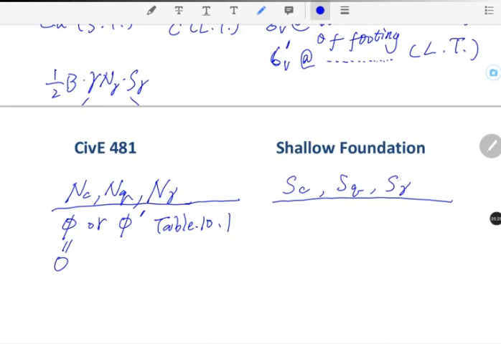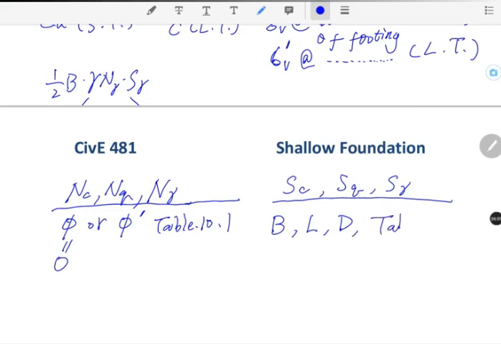They are used to correct the conditions of the ground, conditions of the load, and conditions of the embedment depth or dimensions of the foundations. You can use B, which is the width of the footing, L, length of the footing. Here for the strip footing, this L is a very large value, and D is the depth for the strip footing.